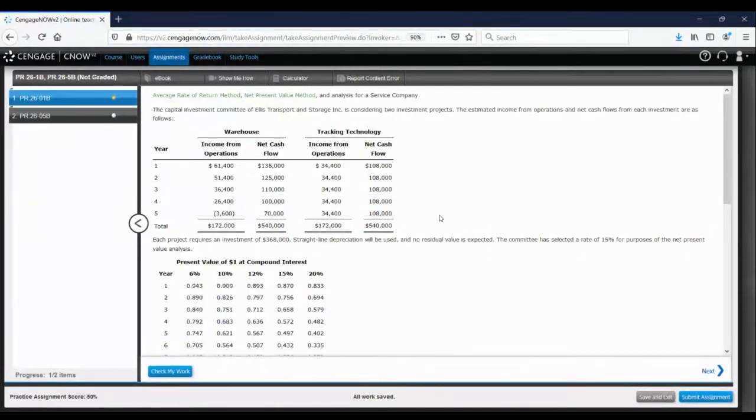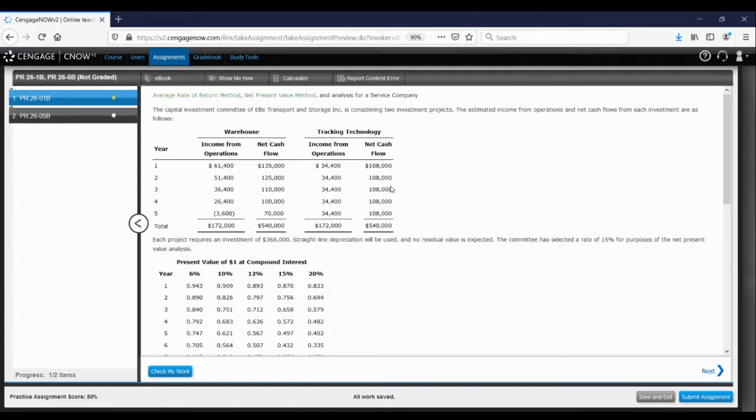Now, one of the things that you might run into as an obstacle when you are doing some of your homework problems is you may not know which table to use. The way that I can tell you which table to use is by looking at the net cash flows. If they're unequal, you have to use the present value of a dollar amount compound interest table to get your present value amounts.